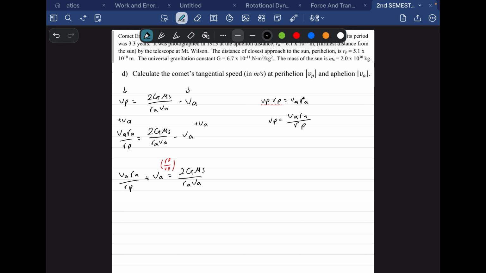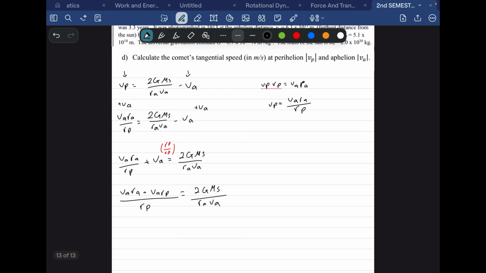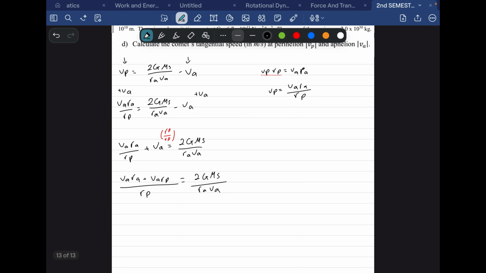So I get VA RA plus VA RP all over RP. R perigee is equal to 2G MS over RAVA. Okay, then I'll factor out VA. So VA, V apogee, times R apogee plus R perigee over R perigee is equal to this.